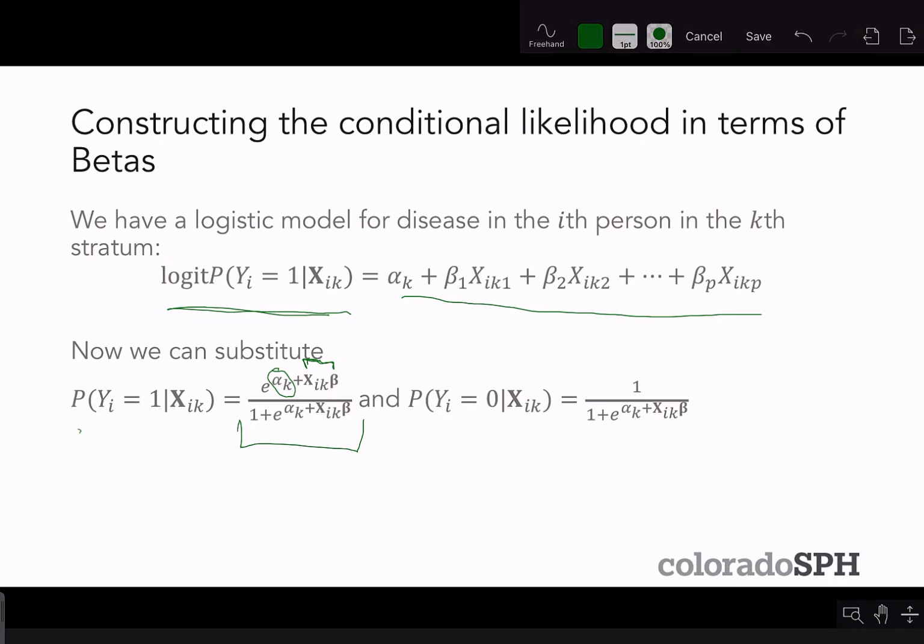And we can substitute probability y equals 1 given this covariate pattern and probability y equals 0 given this covariate pattern for the ith subject. And here this part was just obtained by taking 1 minus probability of y equals 1 given x.